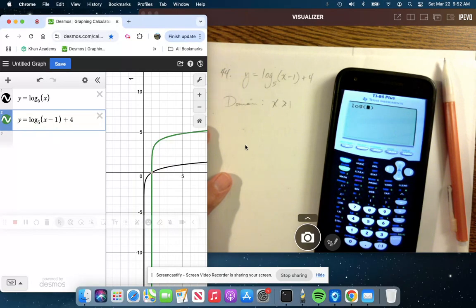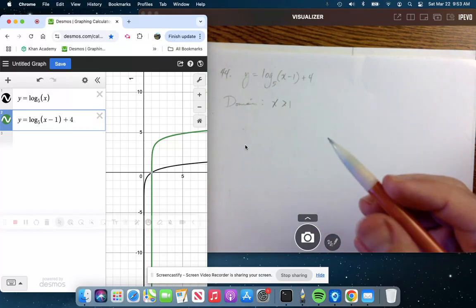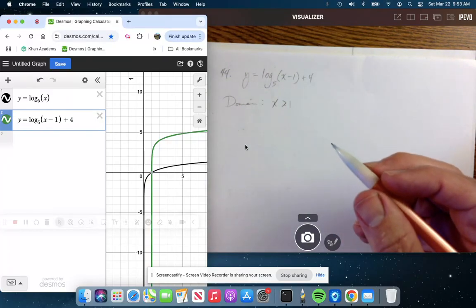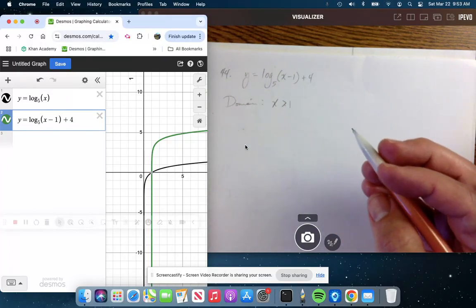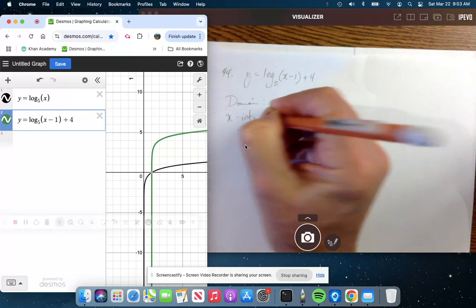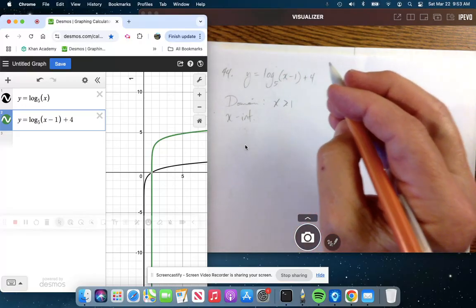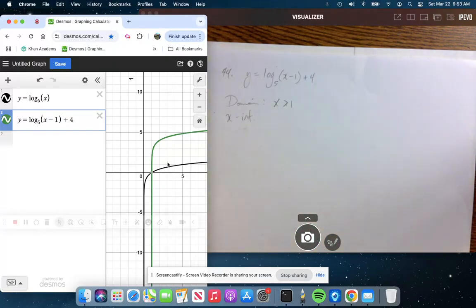All right. What was the next question I have to answer? There's the domain. The x-intercept. Well, the x-intercept is still 1, isn't it? Looks like it's, no, it's slightly more than 1.